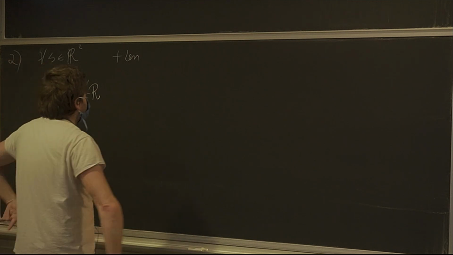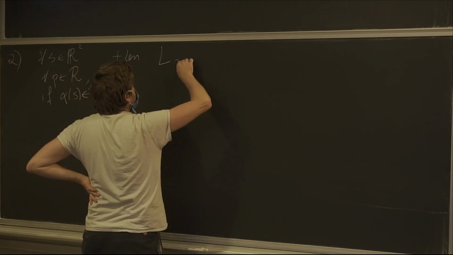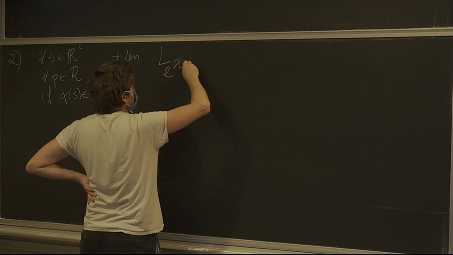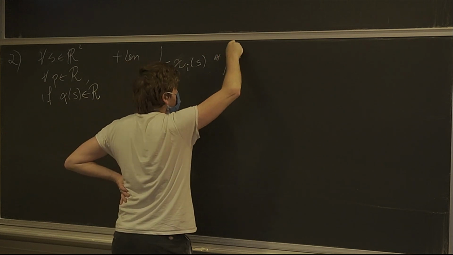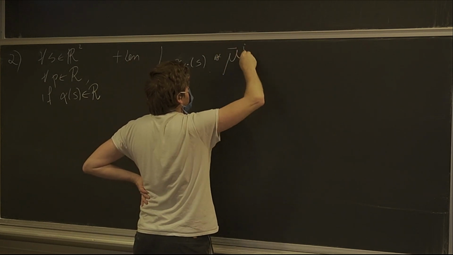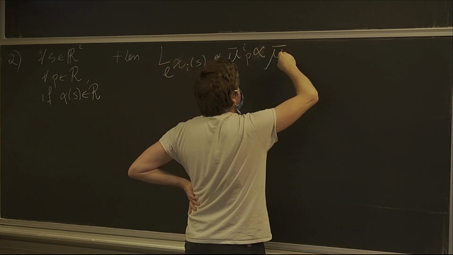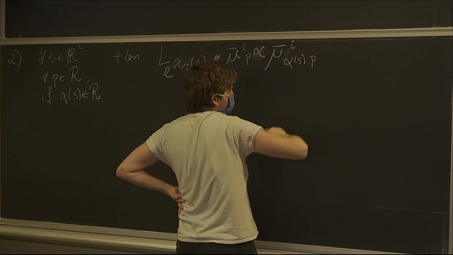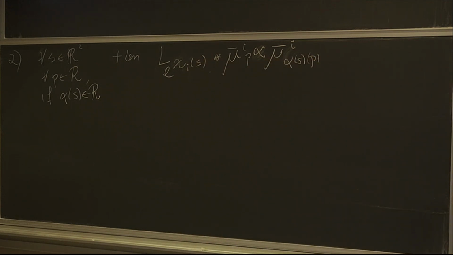So then L e to the chi I S star mu bar IP is mu, which is equivalent up to a multiple to mu I alpha S of P. So these are the two, and here I put an equality, and I always made this mistake.